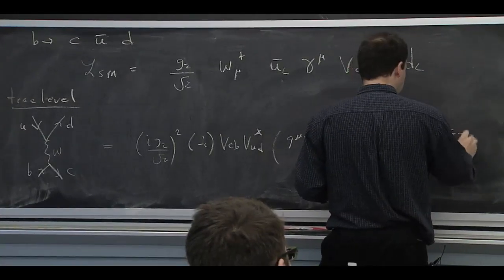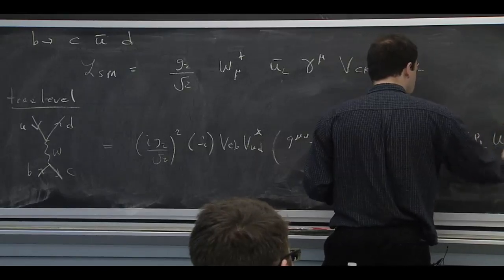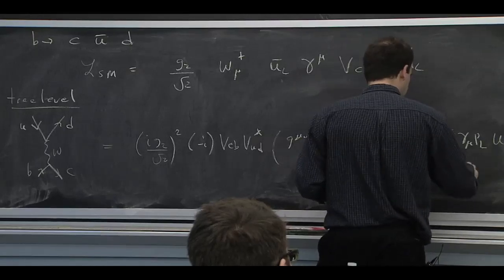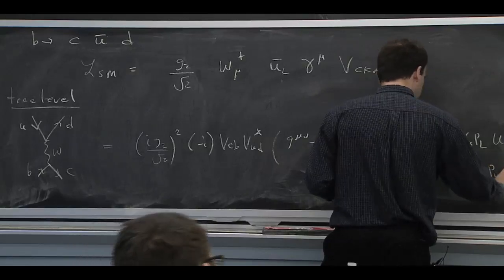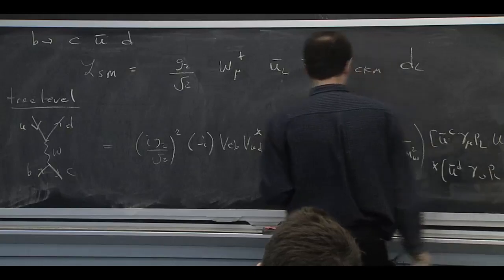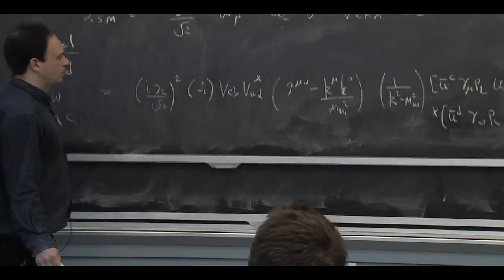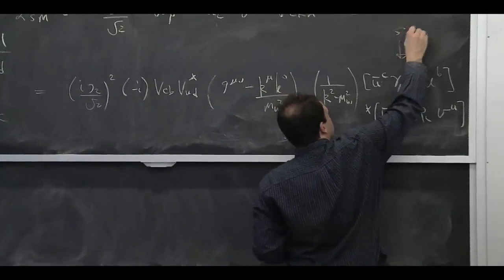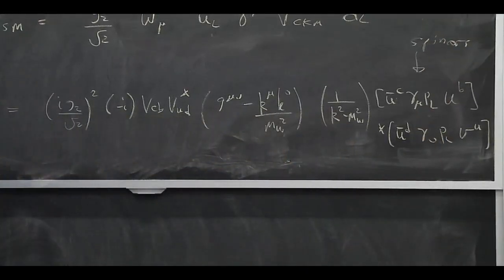And then there's some spinors. So we have an anti-quark, so we have a v spinor for the anti-quark. It's an up. Everything else is a u spinor. I've put in explicitly the P_L's to denote the fact that it's left-handed.